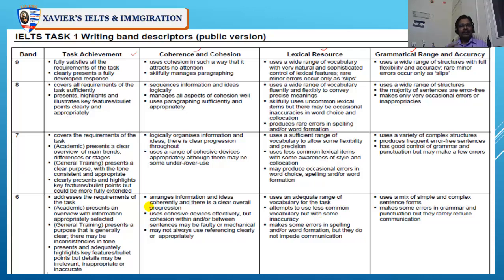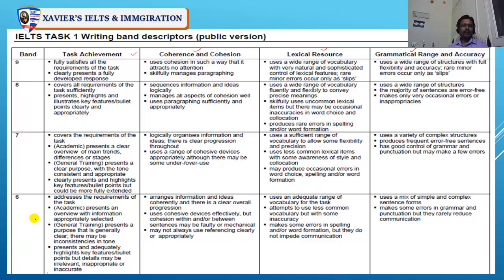When you keep this in your mind, the moment you start planning the write-up, you will try to cover all those main points, so that you personally get the feeling of what band you are writing at.